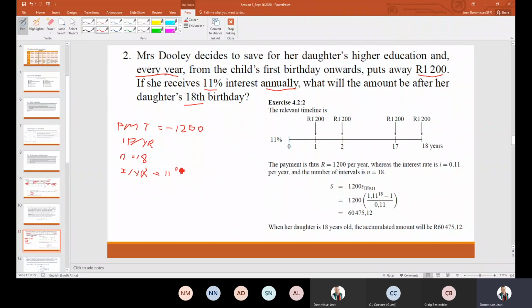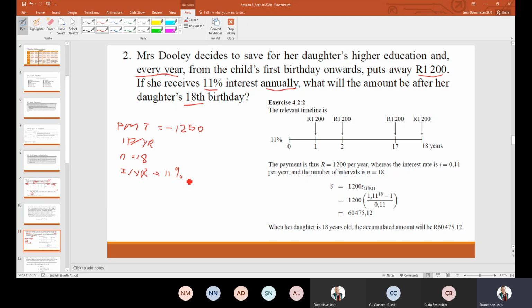Okay, so basically, once again, from the calculator, I would go minus 1,200 PMT. I would say 0 present value just to make sure that it is 0 again. It's 1 time a year, so it is 18 for 18 years, so it is basically 18 periods.